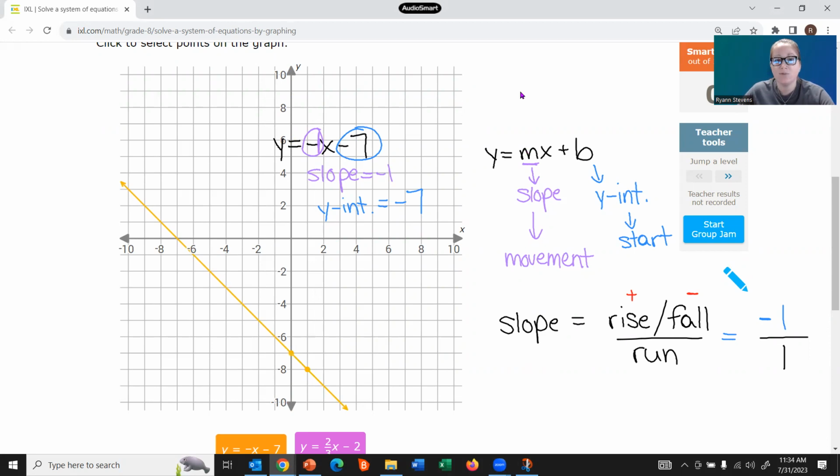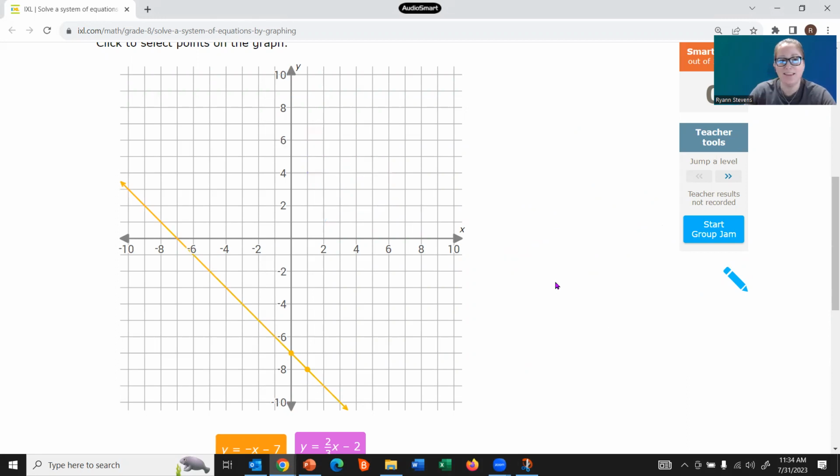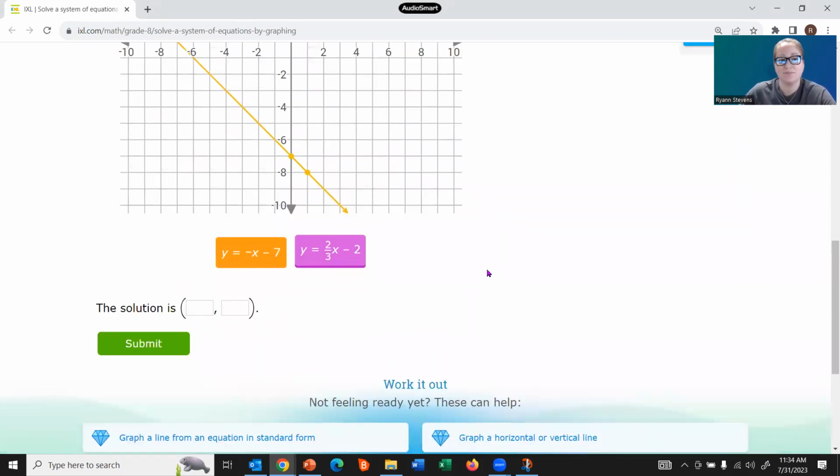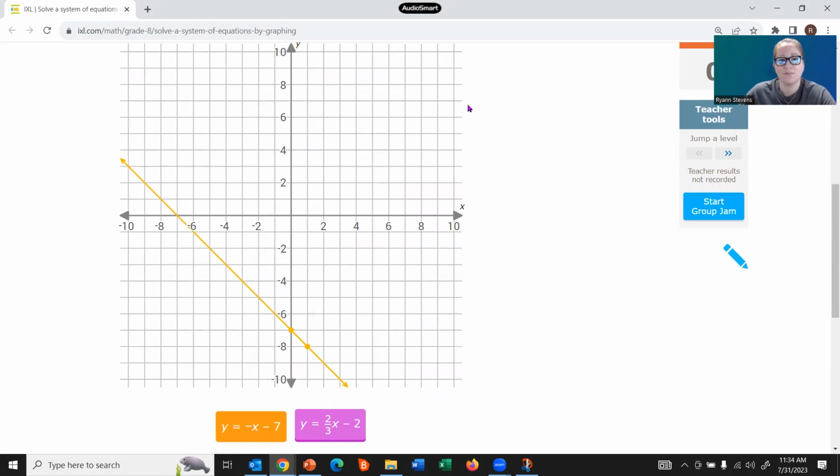The next one that we're going to look at is y equals 2/3 x minus 2. So I will clear these out of the way. Y equals 2/3 x minus 2.